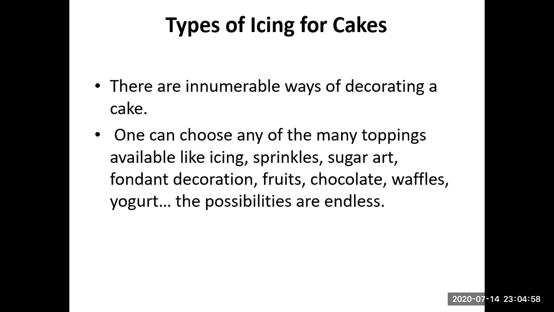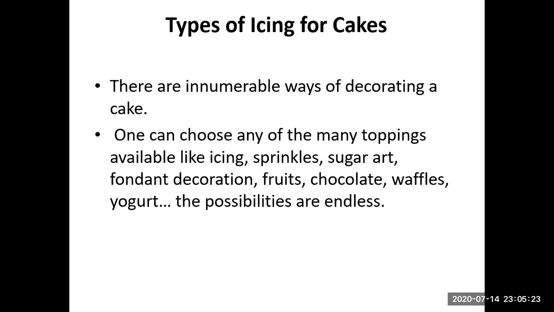What is the meaning of that? Icing or topping is the decoration of cakes. We can decorate the cake in different ways, like icing with sugar, sprinkles with different kinds of pearl sugar. It can be sanding sugar, or fondant or chocolate, waffle sugar, anything. There are lots of varieties of cake decoration.